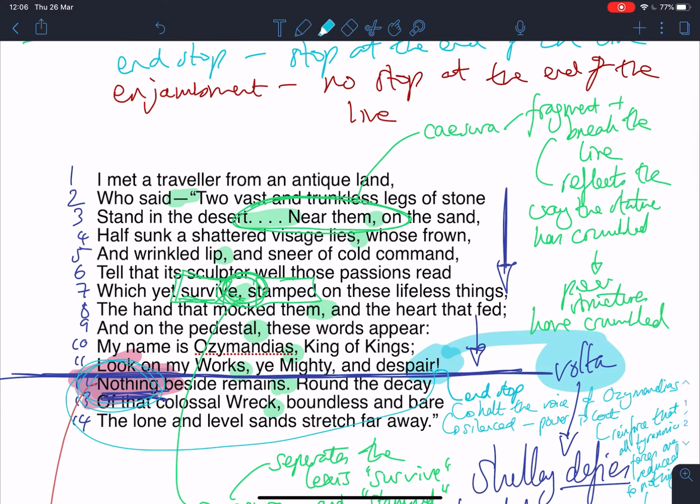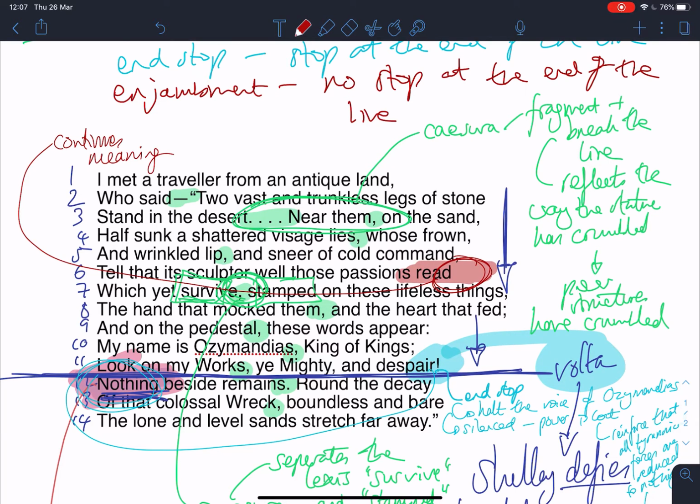Now on to enjambment, and this one is really easy to be loose and vague about, but let's look at it here. Across this line, "tell that its sculptor well those passions read which yet survive", there's no punctuation here. And what enjambment normally does is continue meaning.